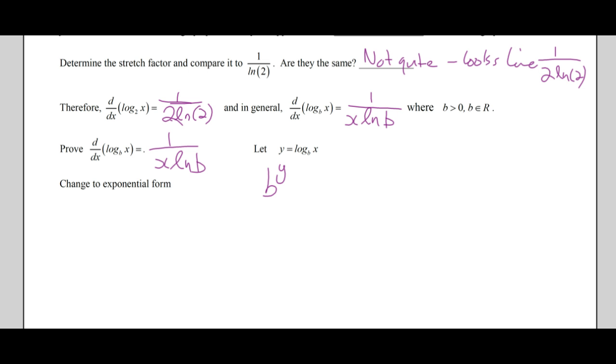If we said it's 2 ln 2, shouldn't we have put x? You're right, that should be x ln 2. Inconsistencies. My bad. So this would be 1 over x ln 2.